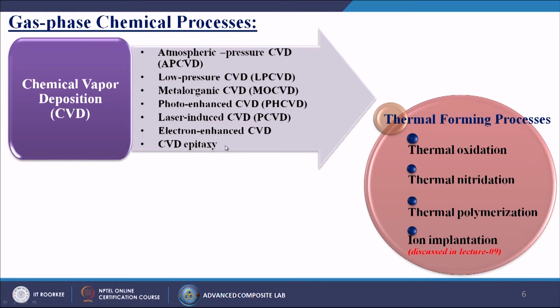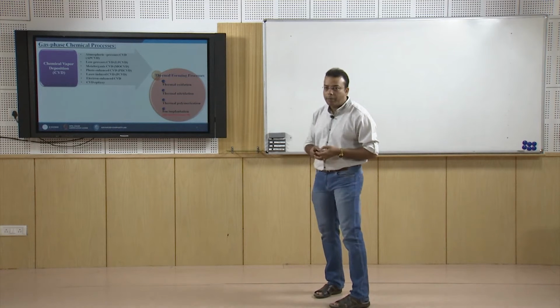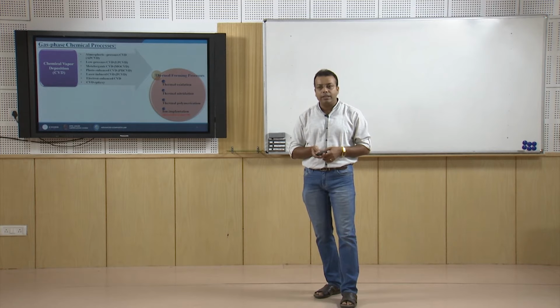The thermal forming processes available are thermal oxidation, thermal nitridation, thermal polymerization, and ion implantation, which we discussed elaborately in our 9th lecture.